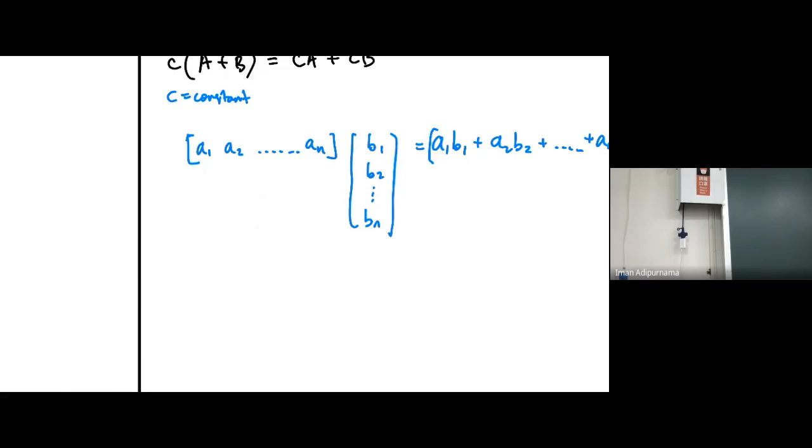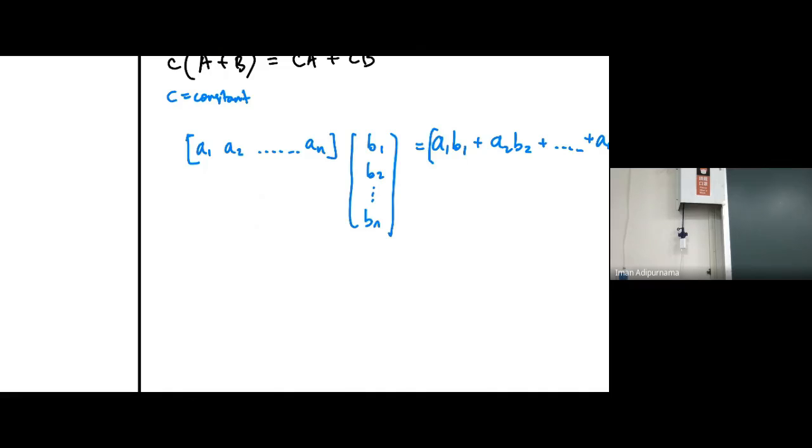For example, if A is 4 by 4, or maybe 3 by 3, you need to make sure that B also has 3. At least the row is 3.